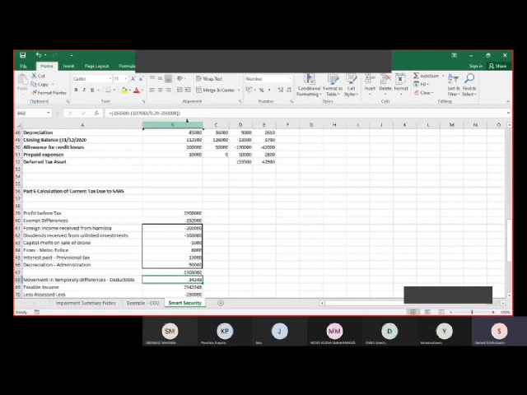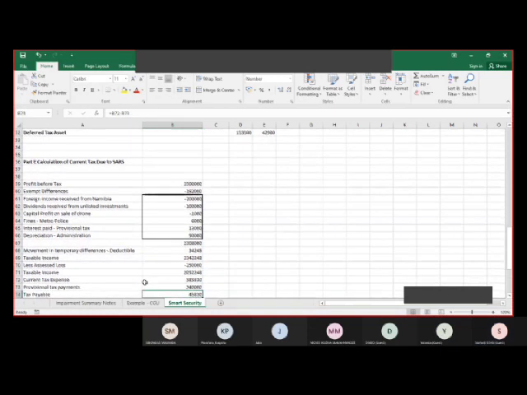Then it will give me what was my temporary differences. So the difference is called temporary differences, which are deductible, right? In this case, the reason why they are deductible is because they resulted in a deferred tax asset. So I'm adding them back.